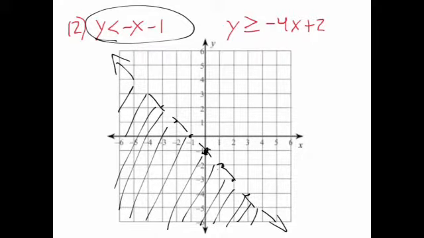Alright, and then this other one I'm going to do in green. It has a y-intercept of +2, so I'm going to go to +2, put a point there. The slope is the number in front of x, which is -4, which is the same thing as -4/1, so I can go down 4, right 1 to get another point, which is right there. I could go up 4, left 1 as well. So there's my points. This one can be equal to, so I'm going to do a solid line.